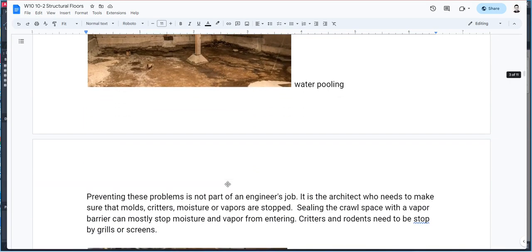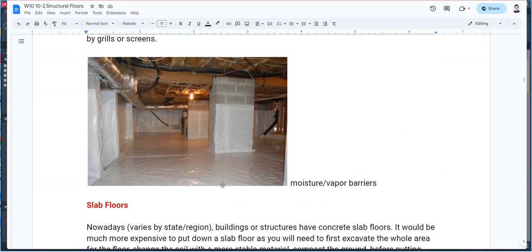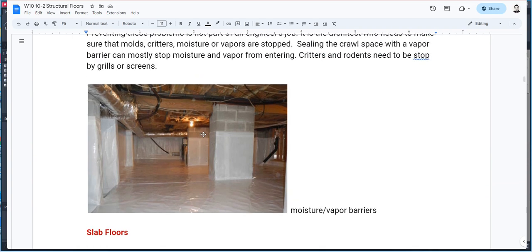So nowadays, what they do is put a plastic vapor barrier over the whole thing, and they seal it on the sides of the walls around 24 inches above, so that you maintain integrity against water penetration from the ground up to the bottom of the joists, and that preserves the structural integrity of the building.